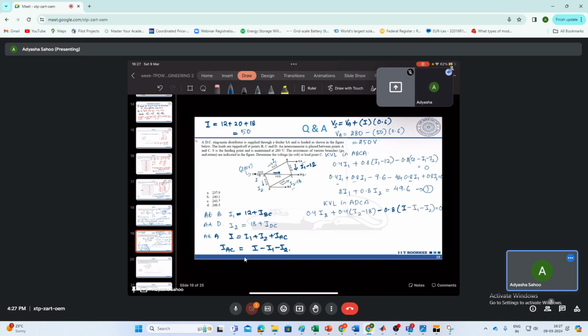So again here I will get 0.4 I2, 0.4 I2, 0.8, 1.6 I2, and I1 is plus 0.8 I1, and I is 50 basically.